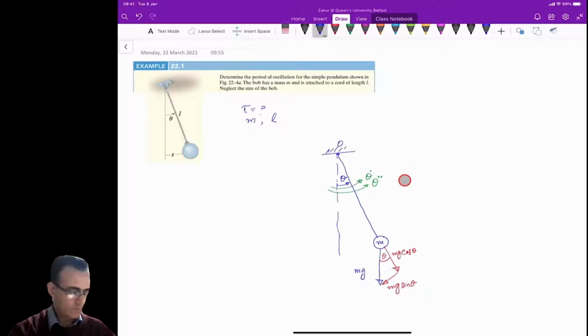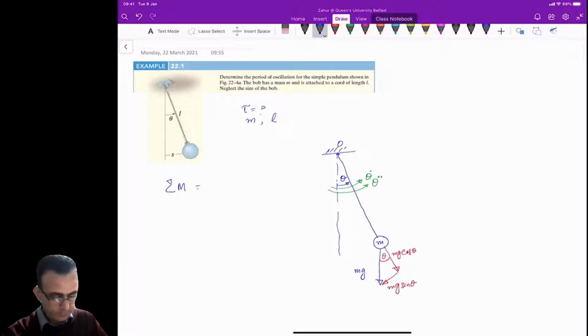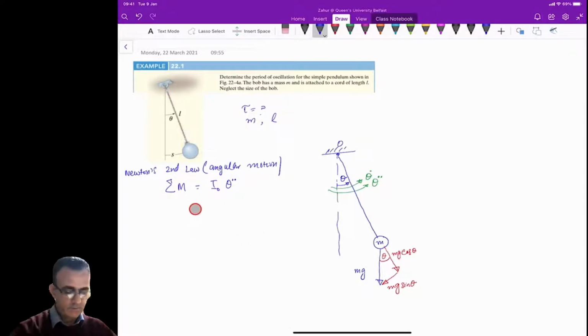Okay, so in this case, if we want to write the equation of motion, again we will say that the summation of all the moments is equal to I naught theta double dot, which is again Newton's second law in angular motion. So the summation of all the moments about O is equal to I naught theta double dot.